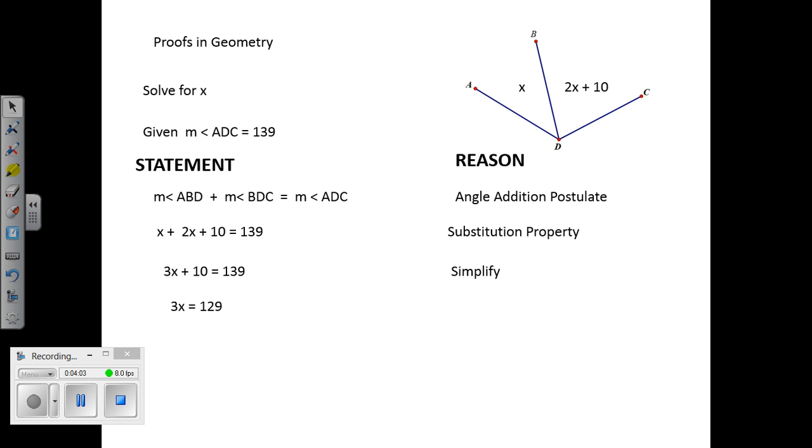What accounts for that? Subtraction property. What do you do next? You divide both sides by 3, resulting in the answer. What accounts for that? Division property. You started out with equals, you divided both sides by 3, so you still have equals. Let's look at another one.